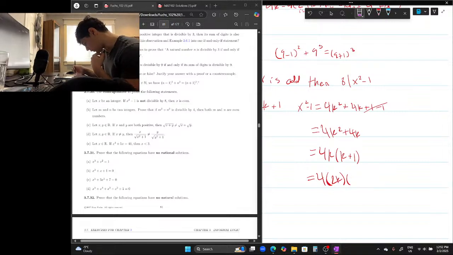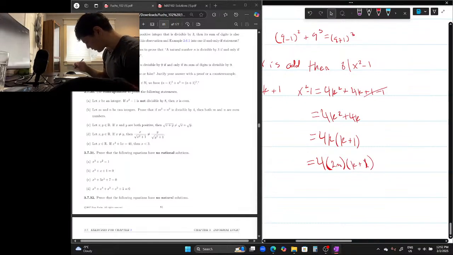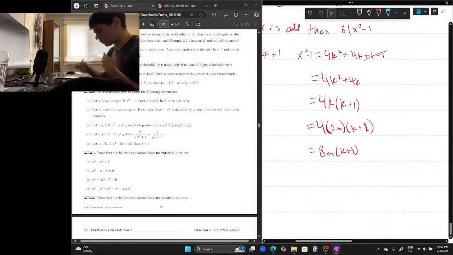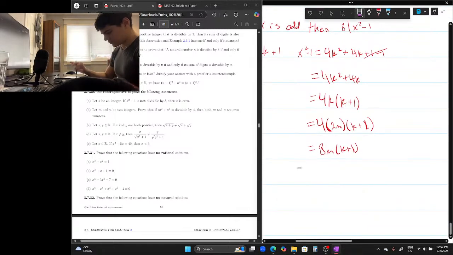Actually, this would be odd, so whatever, doesn't matter. We leave it as k plus 1. I should pick a different integer instead of k. I'm not just doubling it, I'm using the definition of it. 2m times k plus 1. Bada boom, bada bing. We're done.